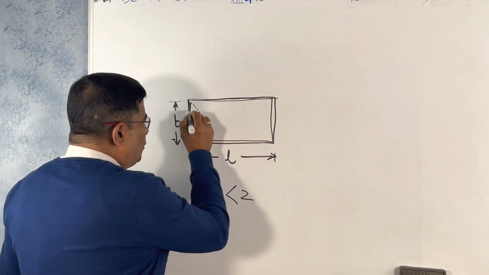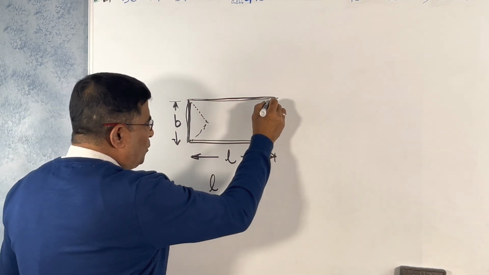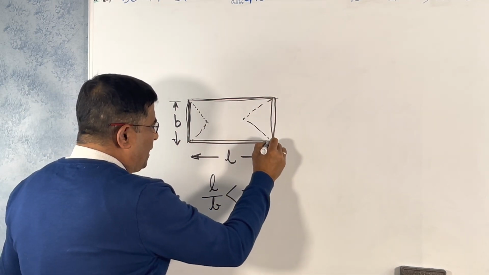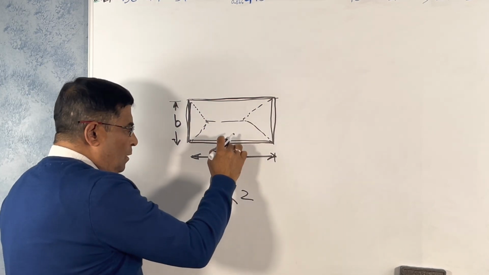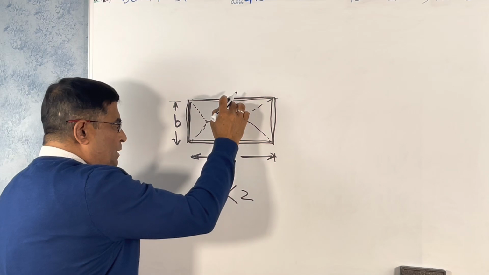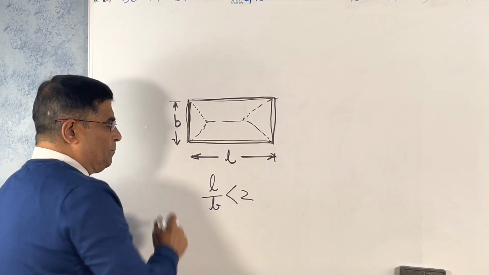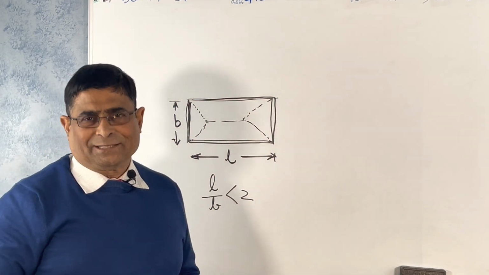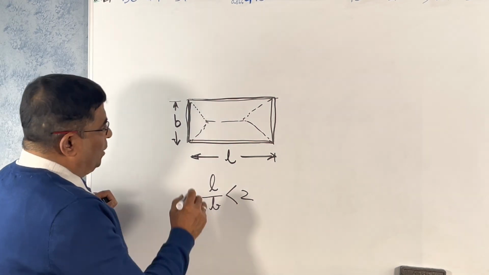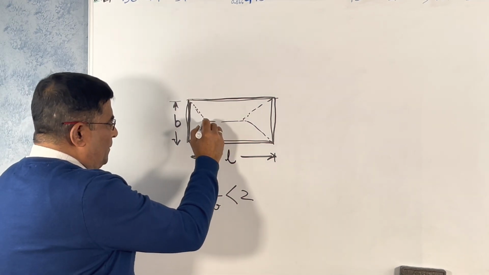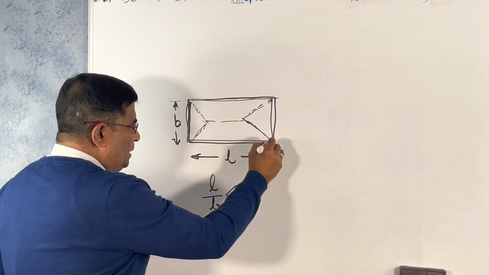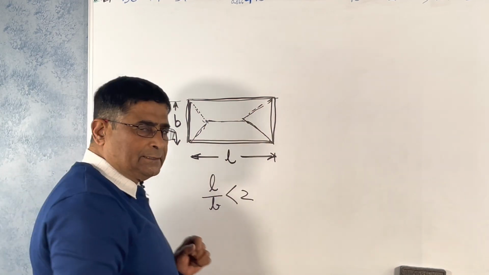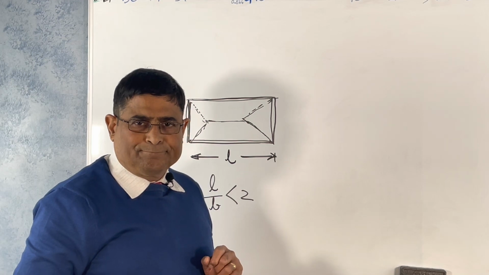If you draw a 45-degree angle, part of the load will go there, and load is distributed to this beam, this beam, this beam, and this beam. This is called the tributary area. So the dead load from the slab is transferred like this.